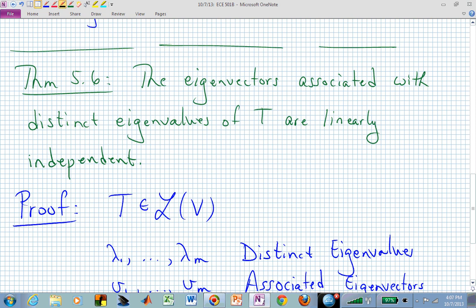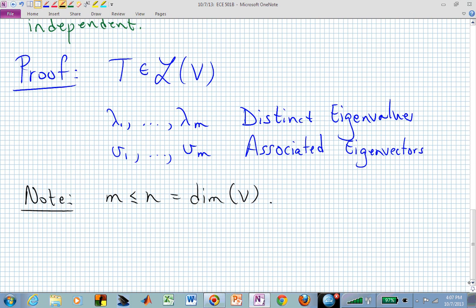Meaning, let's go ahead and assume that those eigenvectors are linearly dependent. And then we need to find a contradiction. So now let's assume that these vectors, v1, v2, m of those, assume that set is linearly dependent.